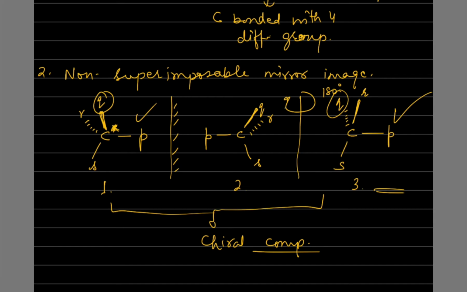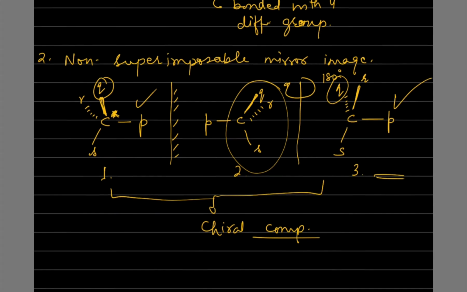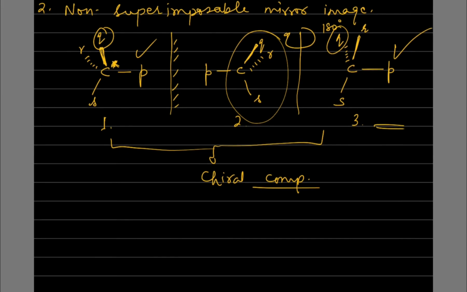But if the four groups are not different, if any two groups are the same, then the compound will not have a non-superimposable mirror image, and such compounds will be optically inactive, as well as achiral.